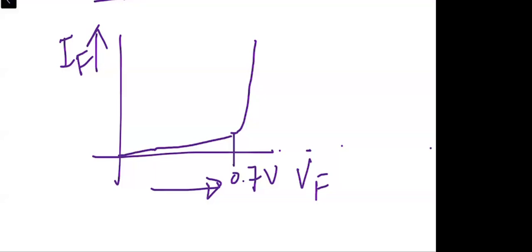If we take the potential before the knee, and say this is the change in the voltage, delta VF, then what is the change in the current?